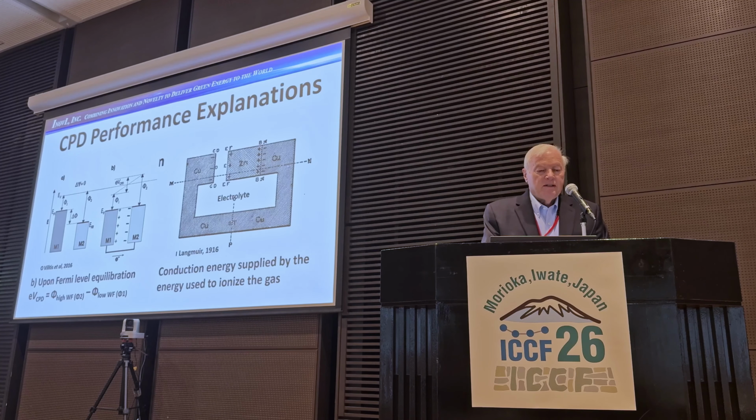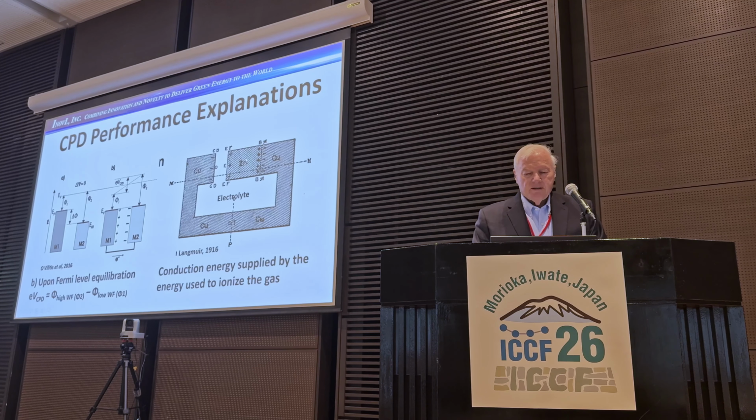Let me talk a little bit about the Fermi level equilibration and re-equilibration. Here on the left, you see that we have the low work function electrode and the high work function electrode. And when we connect these together with a wire, they will equilibrate. The electrons will flow from here, bringing this number of electrons up, and then they will be reduced on this side. And so this is the status that you're in when you have the wire connected. At that point, everything stops, unless you have an electrolyte between.